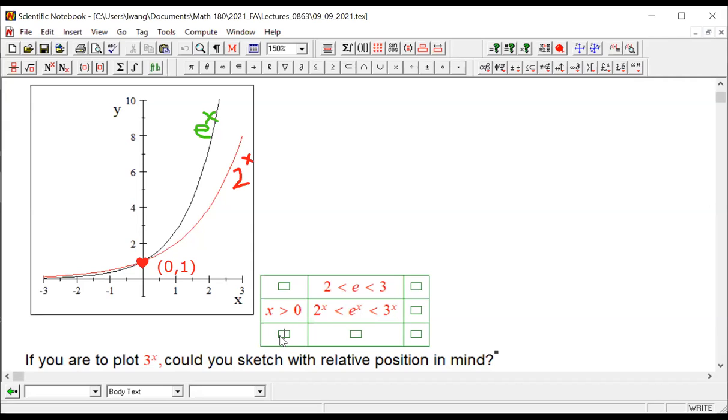For x is negative, these relationships will be reversed. Okay, you can try a couple of numbers. For example, you can try -1, right? You will see 1/2 is larger than 1 over E is larger than 1/3. Do you follow me?